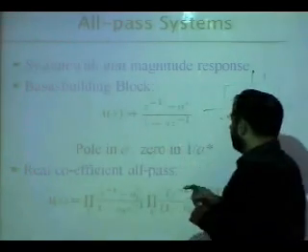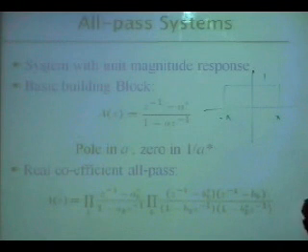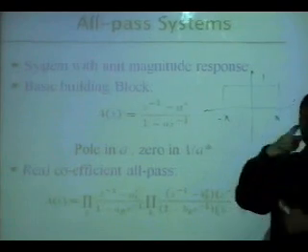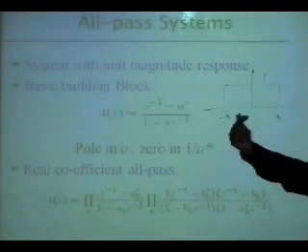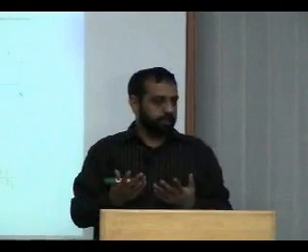If you have a zero at the location of the pole, then the pole and zero will cancel out, and its corresponding pole will be at 1 over a. So if the zero is outside, the pole will be inside. If the pole is outside, the zero will be inside. So you can also compensate for something where the pole is outside.